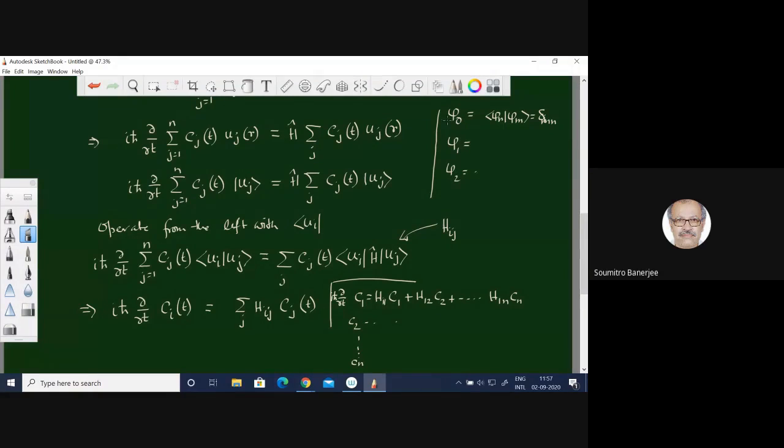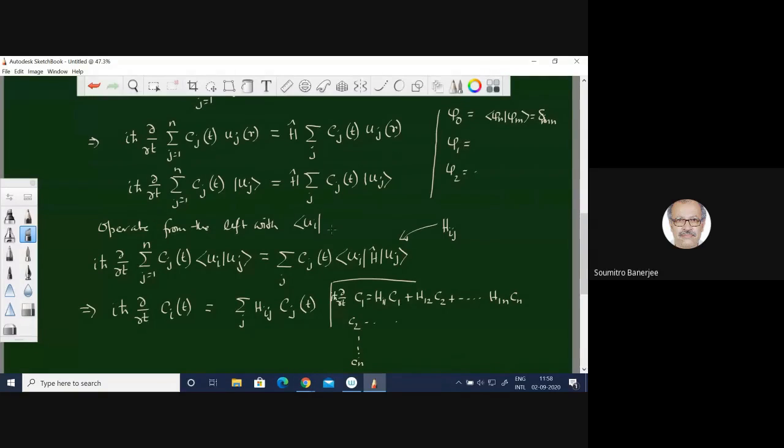So if you choose this as the basis, then your H matrix will comprise only the diagonal elements, and these diagonal elements will be the eigenvalues. That means the first diagonal element will be the ground state eigenvalue. This will be the first excited state eigenvalue.